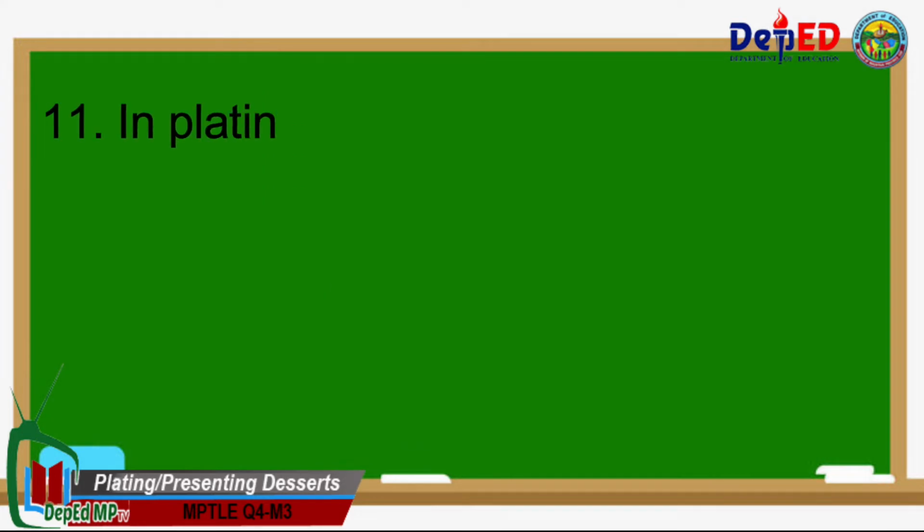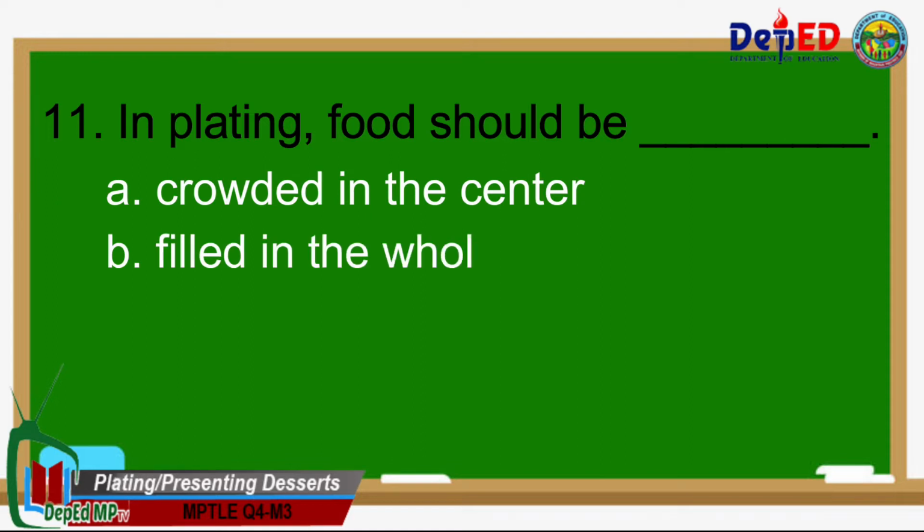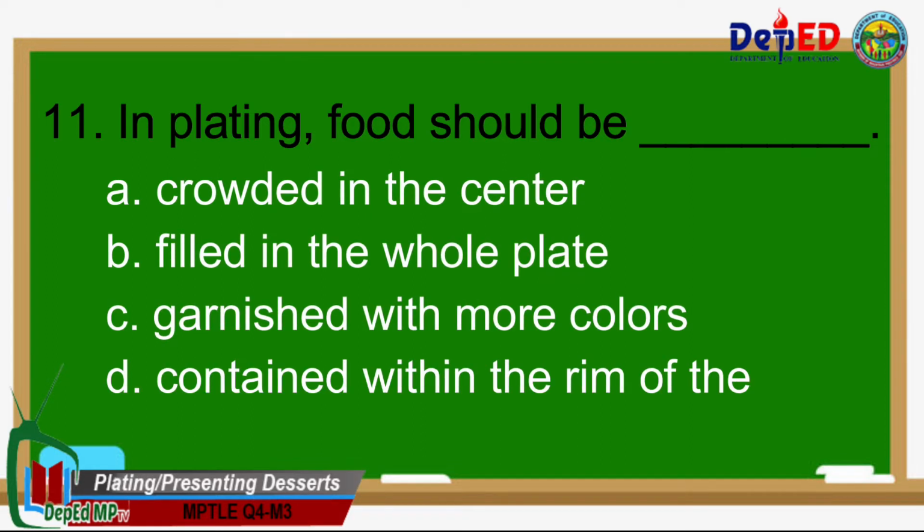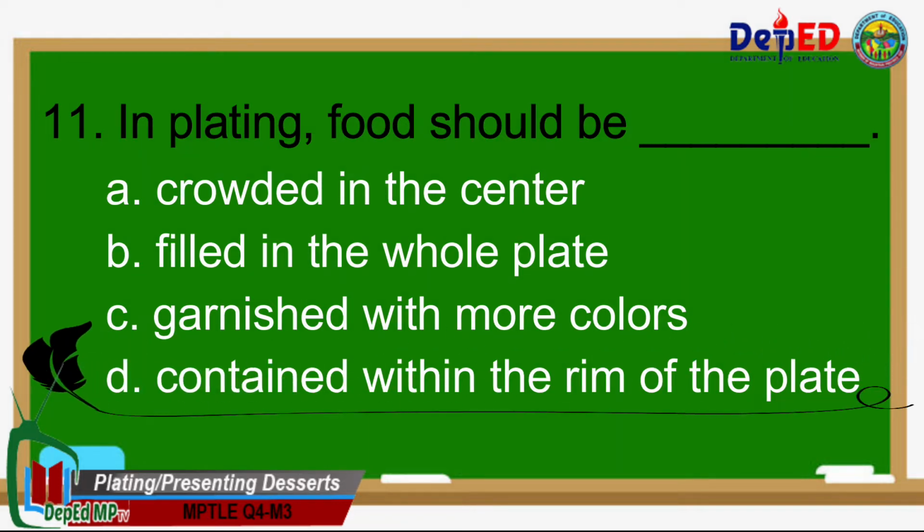In plating, food should be blank. A. Crowded in the center. B. Filled in the whole plate. Letter C. Garnished with more colors. Letter D. Contained within the rim of the plate. The correct answer is letter D. Contained within the rim of the plate.